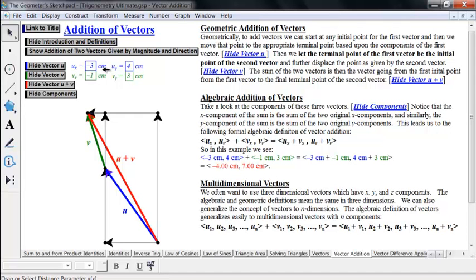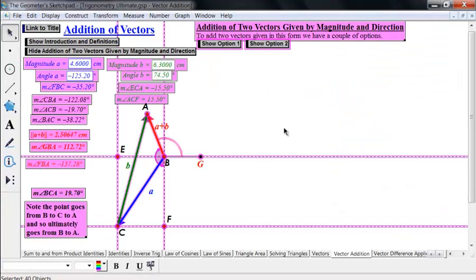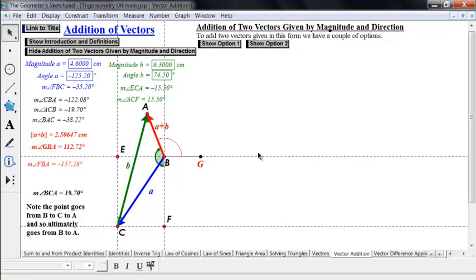So if you have two vectors given in component form, it turns out it's quite easy to add them together. Okay? So how do we add them together if we're given magnitude and direction? Well, as far as geometrically goes, it's not too bad. This one, let's see, let's put some easier numbers in here.